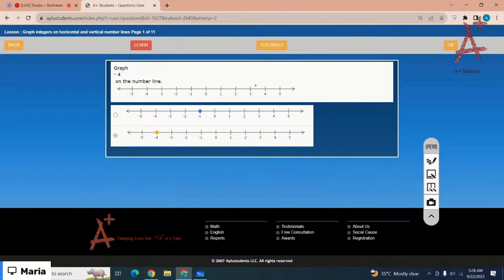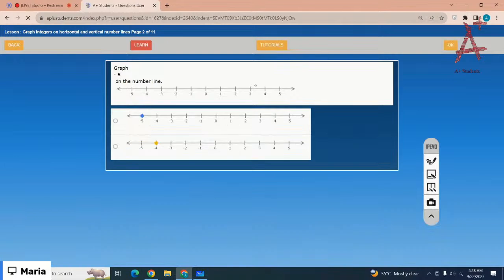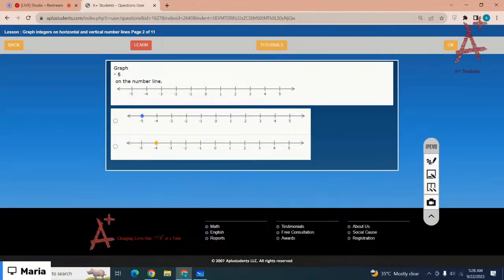You just have to circle the number you're graphing. Right here is negative 4. This is all a number line, but you have to represent the negative 4, so you have to circle the negative 4. So that would be the second option. Graph negative 5 on the number line. So which is the correct option, 1 or 2?